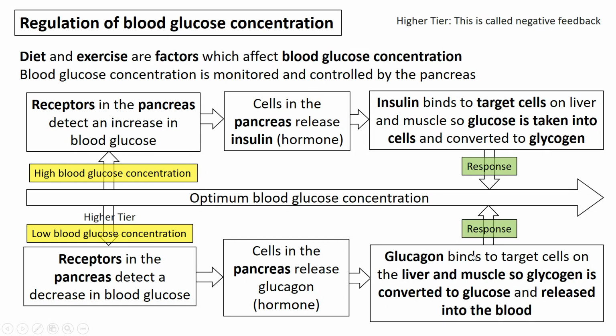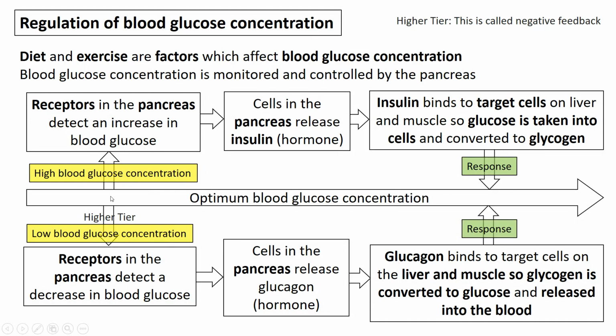This glucagon goes through all the blood, all around the body, but it binds to receptors on target cells, which are liver and muscle cells again. And this makes the glycogen convert into glucose. And the glucose is then released back into the blood, and that will increase the blood glucose concentration. So what you have to know for high blood glucose: receptors in the pancreas, cells in the pancreas coordinate the information and release insulin. Insulin binds to target cells, glucose is taken in and converted to glycogen, bringing it back to the norm.